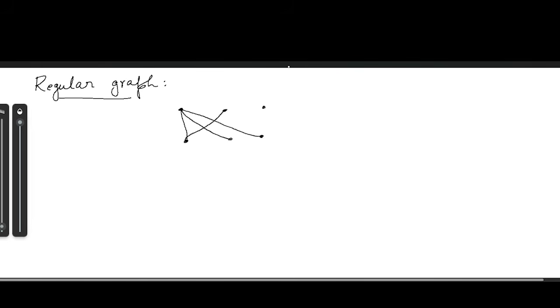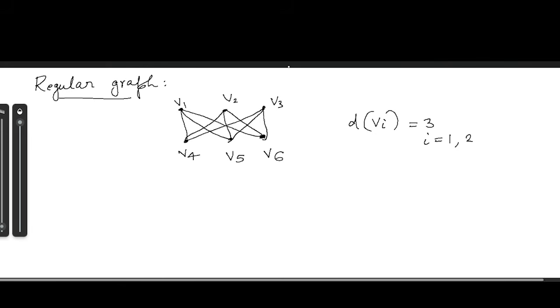Now we can join the vertices in this way. And here you can see that degree of each vertex is 3. That is, degree of Vi is equal to 3, where i varies from 1, 2, 3, 4, 5, 6. Degree of all vertices are the same. And so, this graph is called a regular graph.